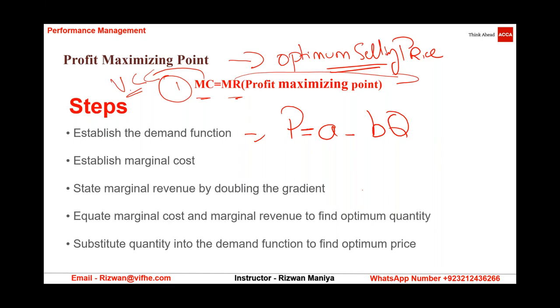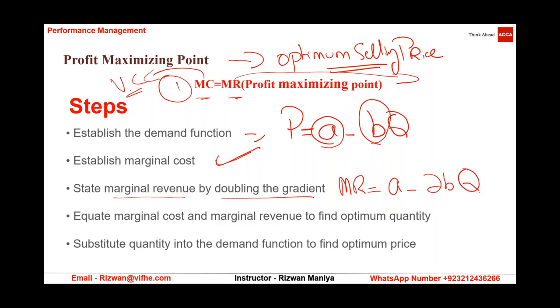So, A, what is A? What is B? Establish marginal cost, which is variable cost. State marginal revenue by double the gradient. MR is equal to A minus 2BQ. Equate marginal cost and marginal revenue to find optimum quantity.